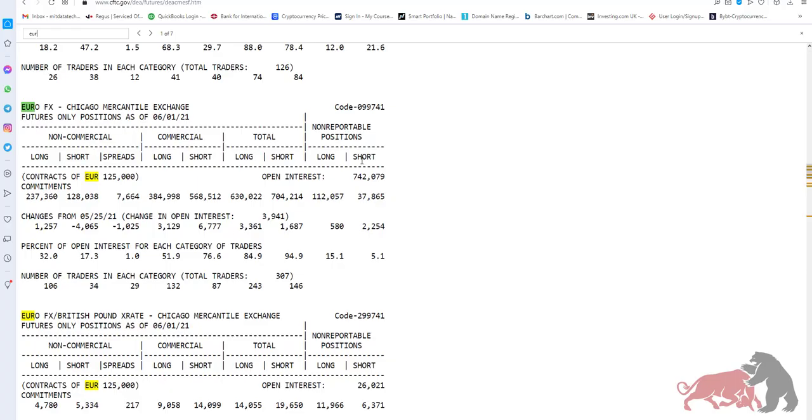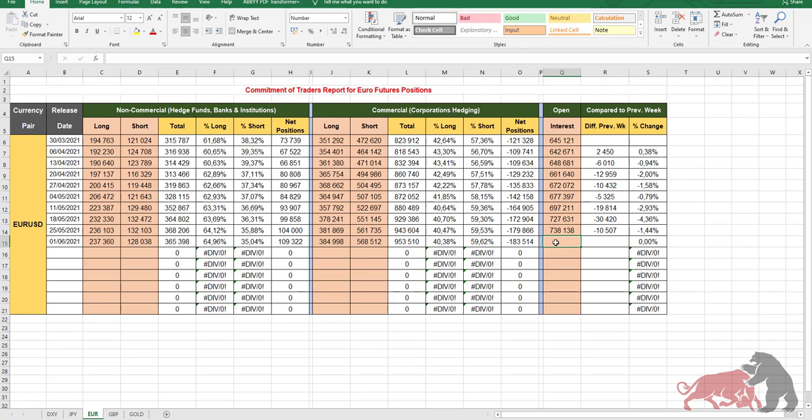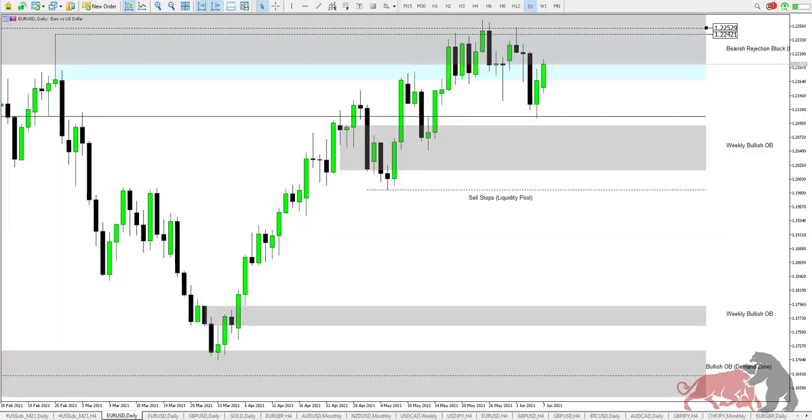Open interest on euro is sitting at 742,079. Open interest has jumped by just under 4,000 positions, 3,941. That is not much of a jump.